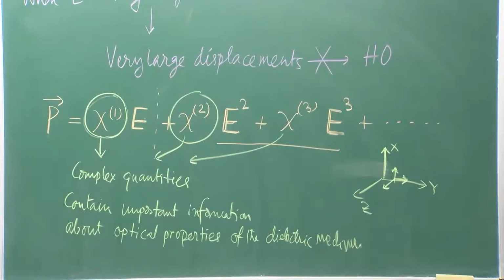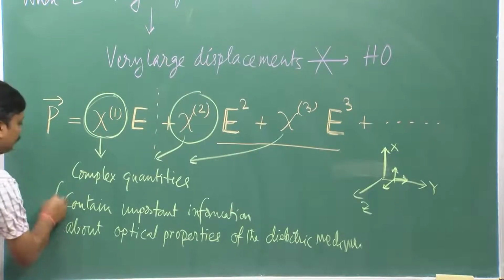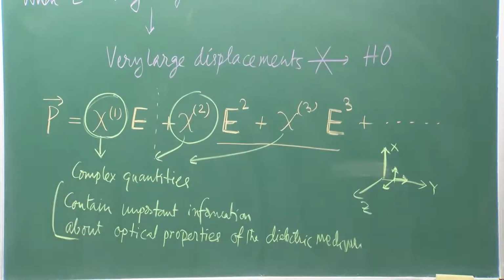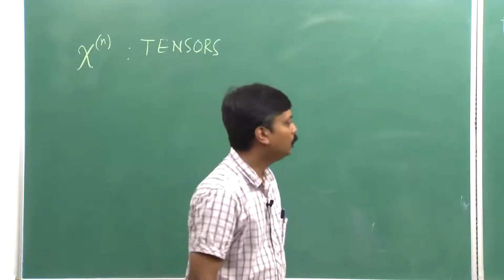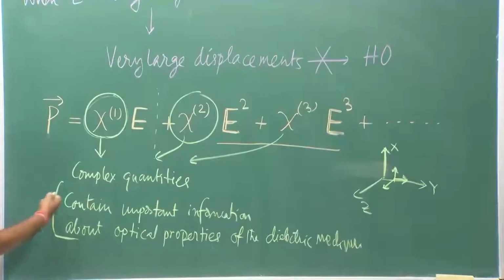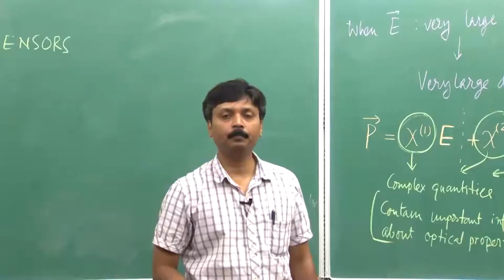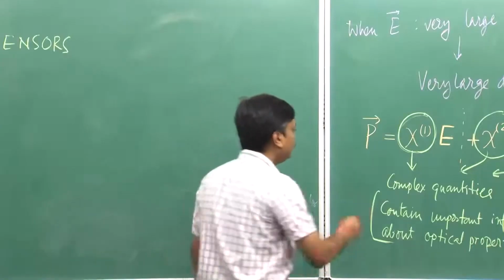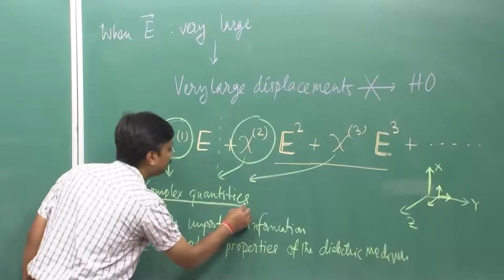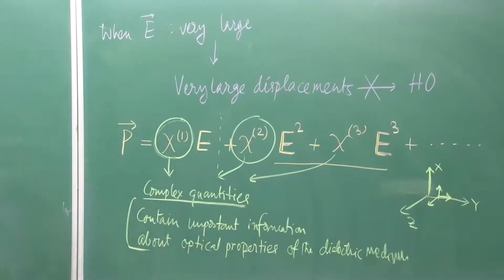Before I rewrite, one more thing I will mention: I said that they contain important information about the optical properties of material. So, what kind of information? They contain information about the refractive index of the system, and about the absorption coefficient of the medium. As I said, this is a complex quantity, so chi of any order.